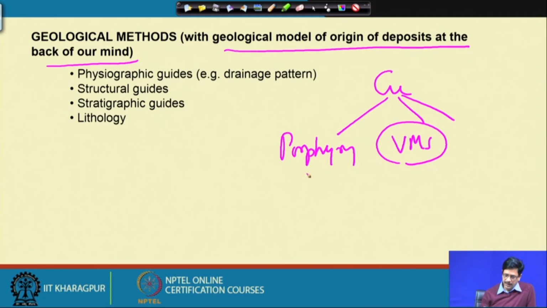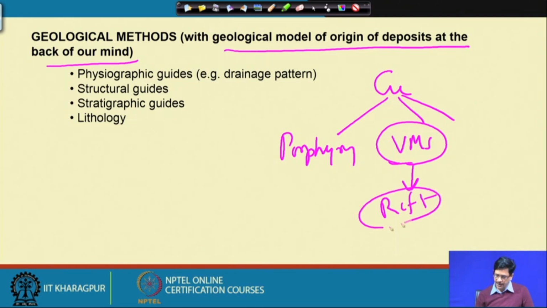For example, the moment we talk about volcanogenic massive sulphide deposits, let us say of a Cyprus type, what immediately comes to your mind is that we need to have a rift kind of setting.